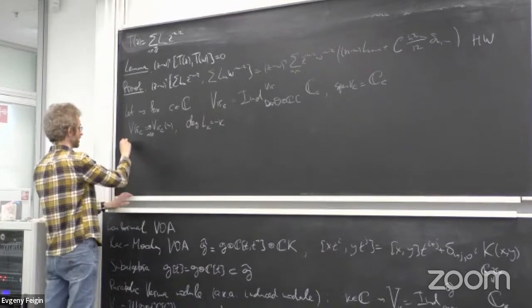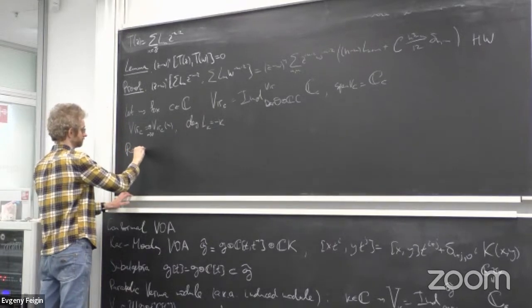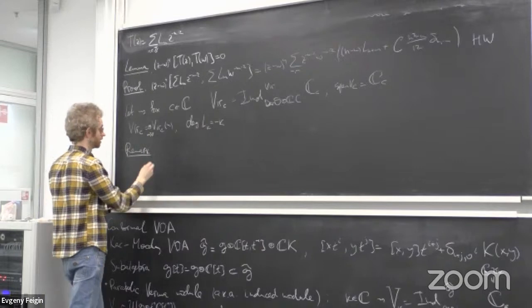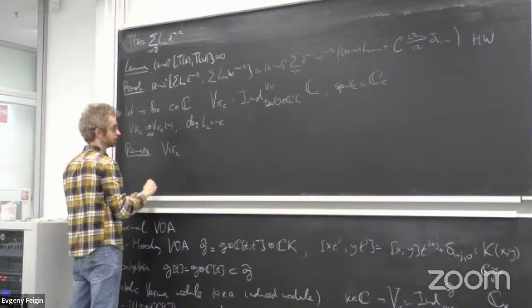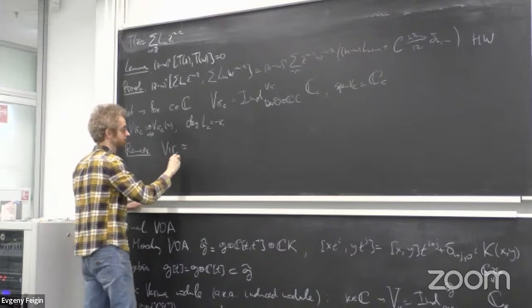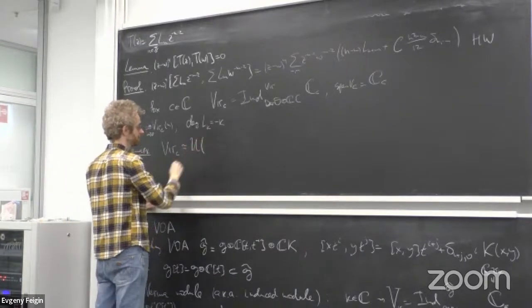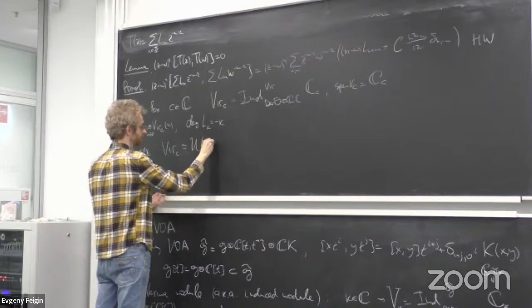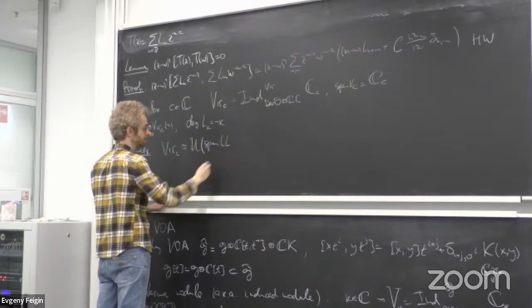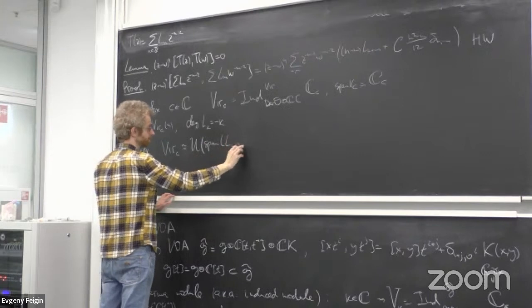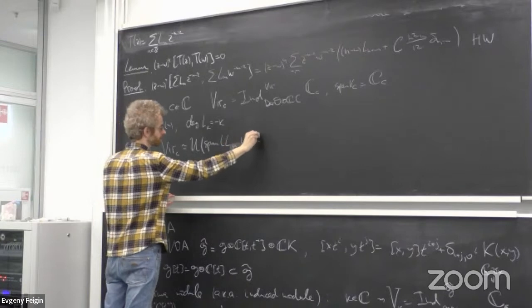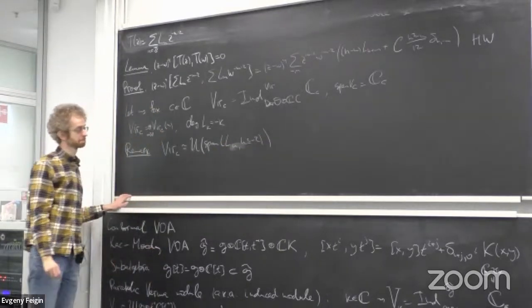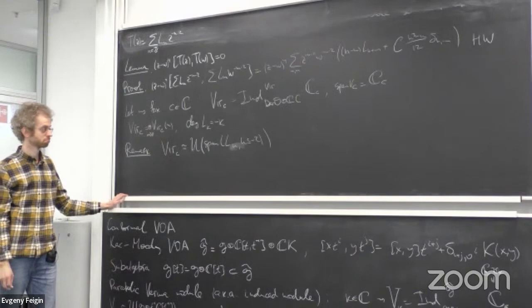Please note that as a vector space, our Virasoro module is isomorphic to the universal enveloping algebra of the span of L_k with k less or equal than minus 2.